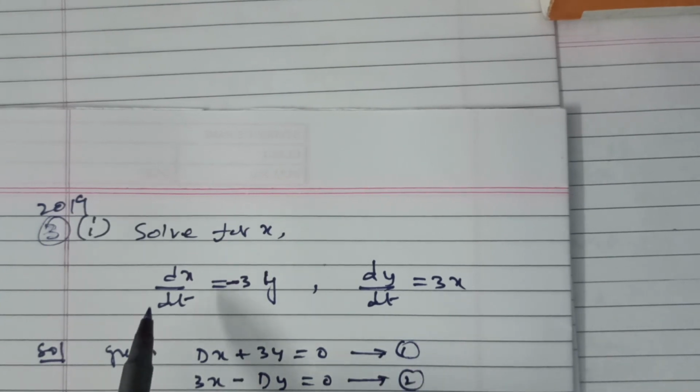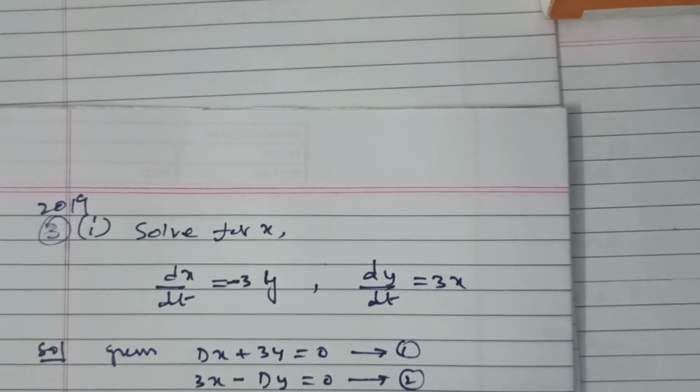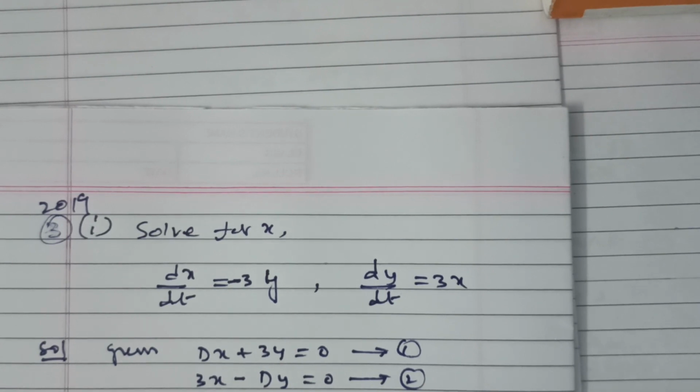To find out the variable x, we can eliminate y, that is enough. So to solve this by the elimination method, y is to be eliminated. First equation can be multiplied by D. So 1 into D implies D square x plus 3Dy is equal to 0.